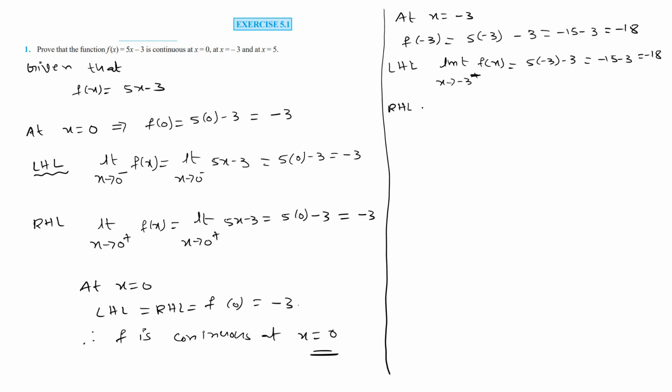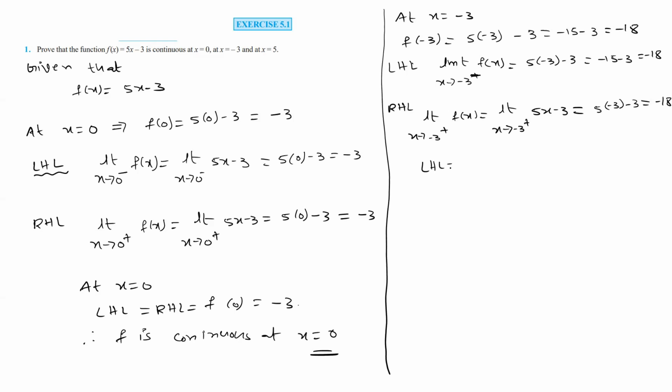Even the RHL also: the limit as x tends to minus 3 plus of f of x, which is 5x minus 3. Wherever x is there, we substitute 5 into minus 3 minus 3, which is nothing but minus 18.